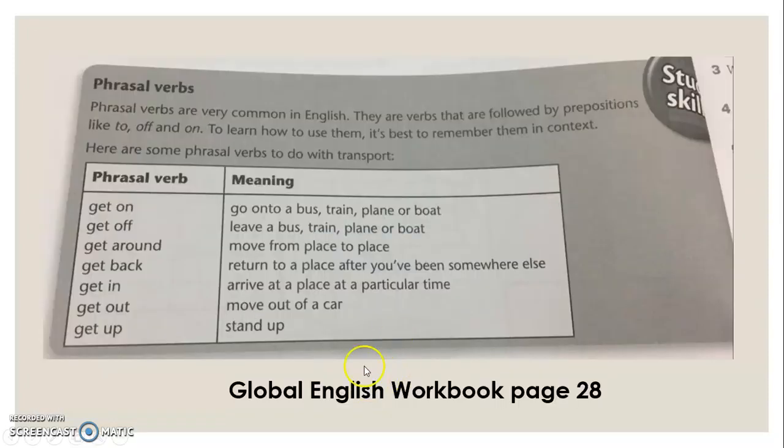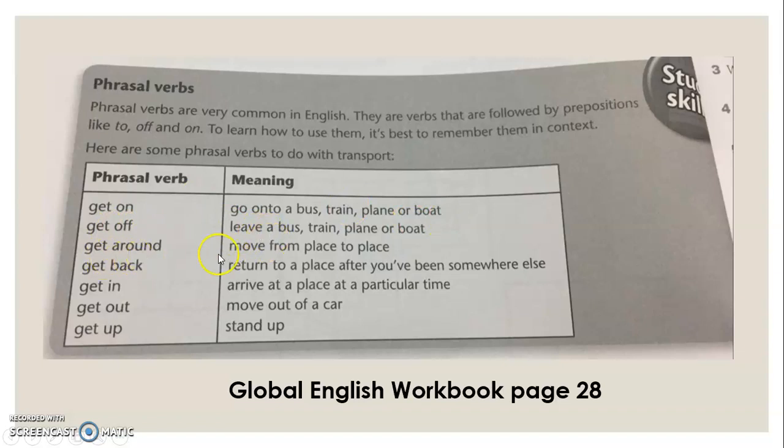Okay, so I'm taking this out from your Global English Workbook, page 28. So these are the phrasal verbs that we can use for transport. First one, get on. So the meaning is get onto a bus, a train, a plane, or a boat. Get off means to leave those transportation.